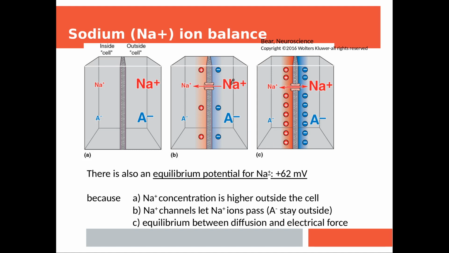And so sodium tries to go inside the cell to diffuse in there, but other ions in there like potassium and stuff like that, sort of lined up along the inside of the membrane, they balance out the diffusive force by keeping the sodiums outside the cell. And so the equilibrium potential for sodium is actually positive 62 millivolts.